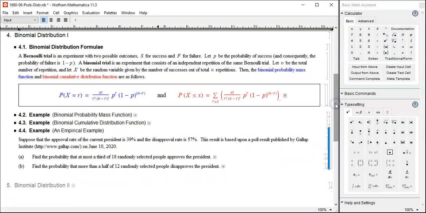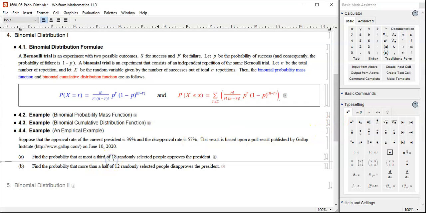But that's okay. We're going to use 39% and 1 minus 39%. This result is based upon a poll published by the Gallup Institute on June 10, 2020. So this is an actual figure, the real thing. I did not make up these numbers.